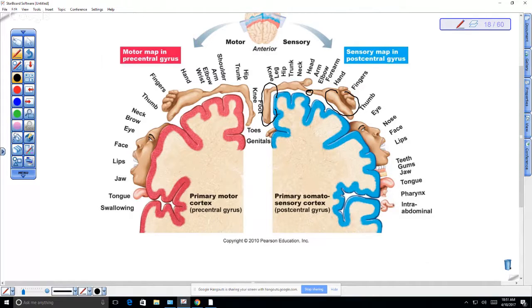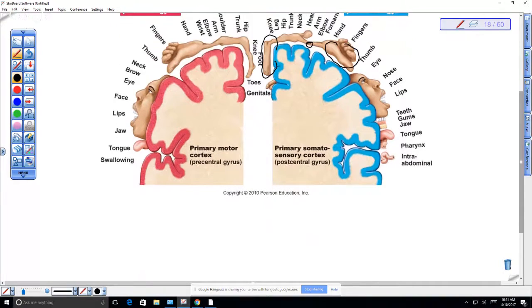So this actually also relates to phantom limb. We just talked about plasticity, which is the ability to change. But then we also have the problem called phantom limb syndrome.